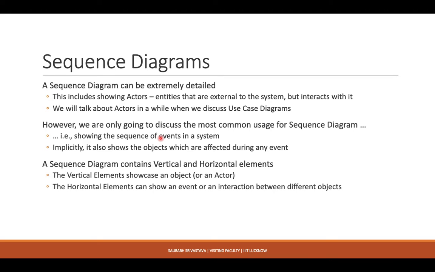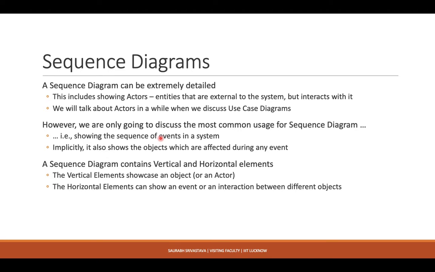Okay, so we are saying that there are different objects in my system, and I want to show how exactly these objects affect each other, right? So now this affect thing could mean two things, right? It could mean that this effect is in some ways kind of asynchronous, as in I tell the other object that something has happened, and then that object has its own way to process that.